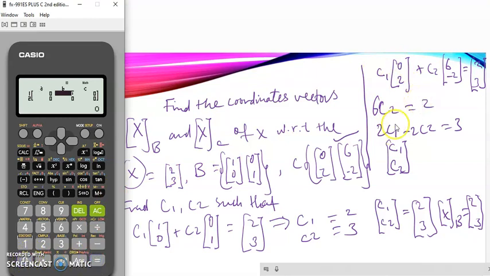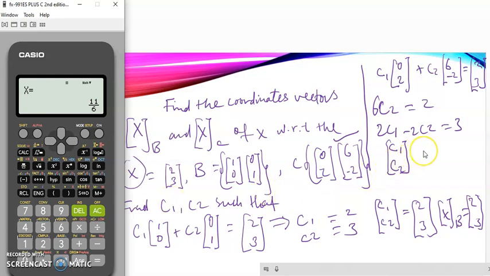This is equal to 6c2, so it is 6, and it is equal to 2. And here we have 2c1 minus 2c2, equal to 3.